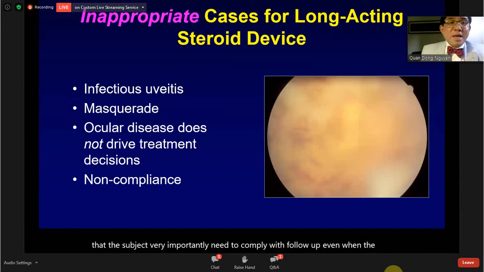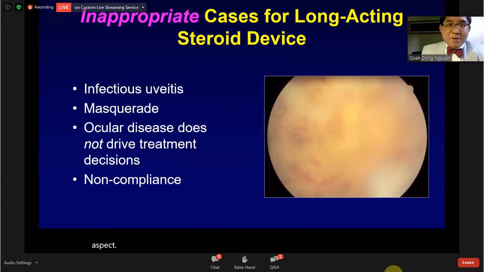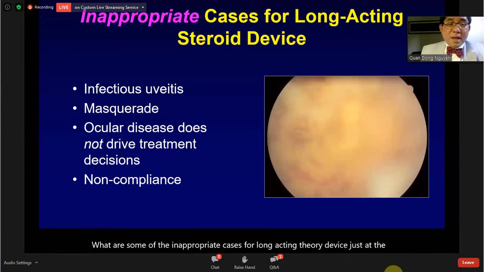What are some of the inappropriate cases for a long-acting steroid device, such as the fluocinolone acetonide insert? First, obviously, cases of infectious uveitis should not be considered. Cases of masquerade with an underlying malignancy, for example, should not be considered. Cases in which ocular disease does not drive the treatment decision should not be considered.